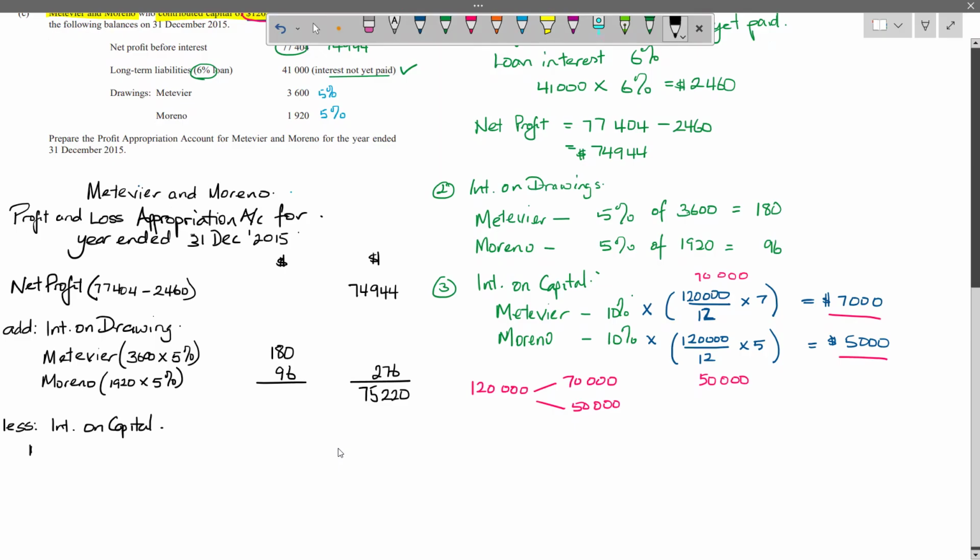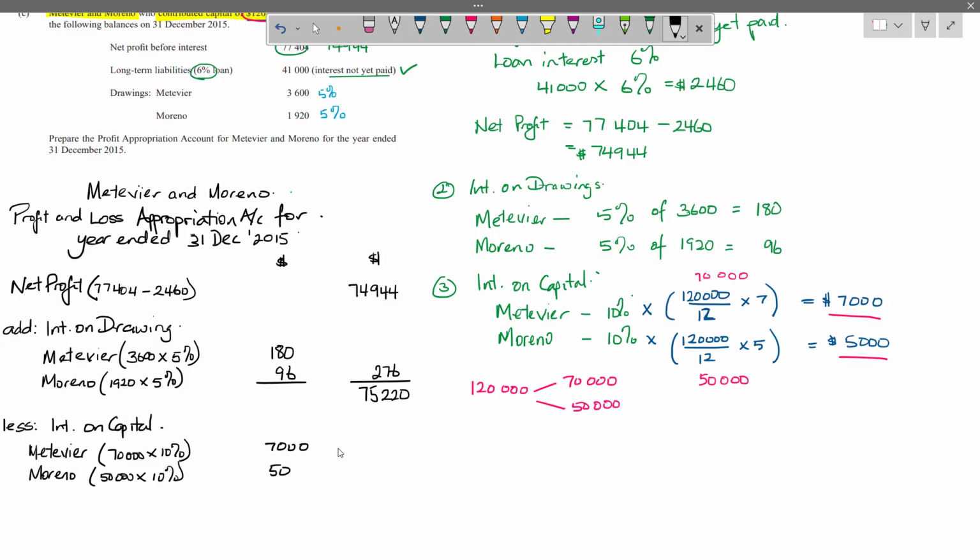Right, and we have Mentive, Marino. So here I would just put the capital amount, 70,000 multiplied by 10% and 50,000 multiplied by 10%, right? We'd have done our working previously to establish what the capital contributions will be.